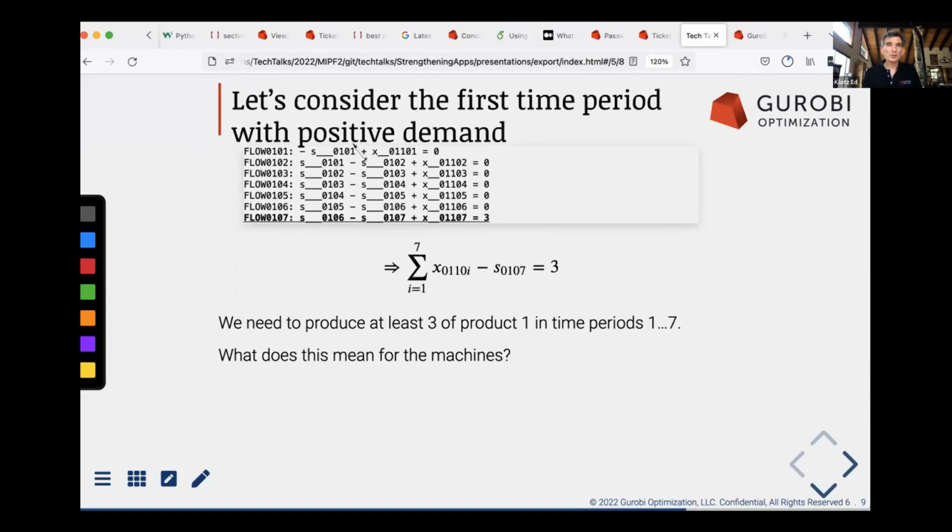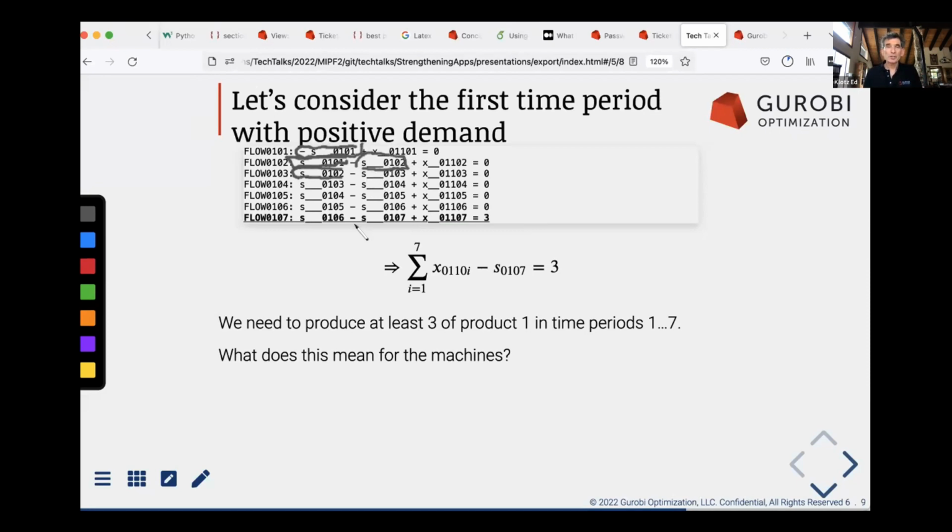And what we see here is there's a lot of cancellation between the inventory variables in a given time period. For a given time period, an inventory variable has a flow in for one time period and a flow out for the next time period. In other words, the inventory we push forward for time period T is the inventory we receive in the next time period T plus 1.